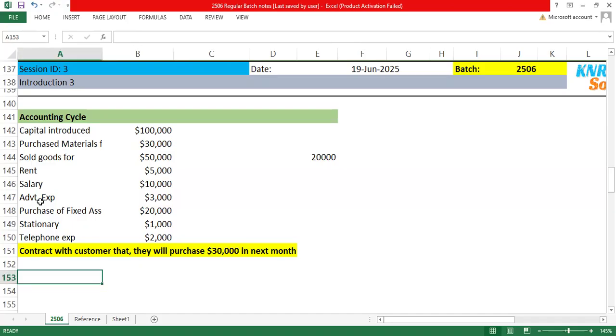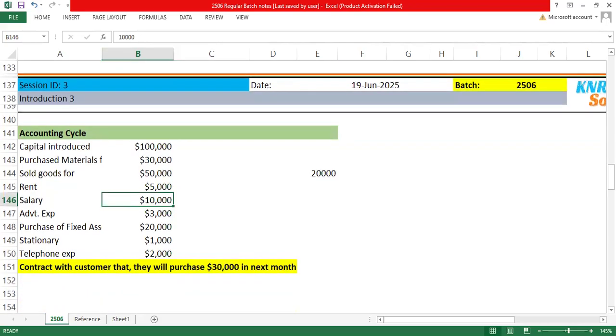First thing, if there are any repetitive transactions here, we need to summarize them. Let's say multiple purchases happen. Purchase of material from vendor 1 for 10,000, purchase of material from vendor 2 for another 5,000, and purchase of material from one more vendor for an additional 15K.